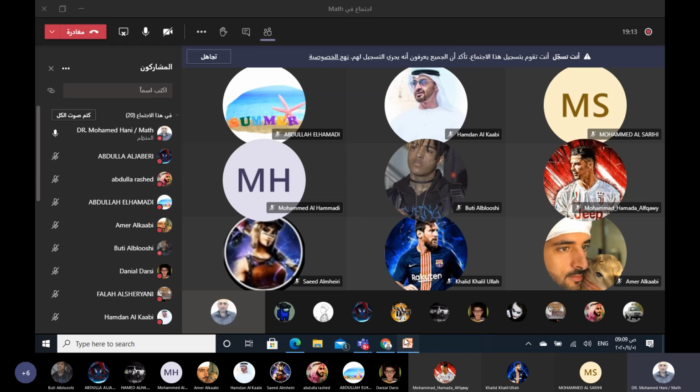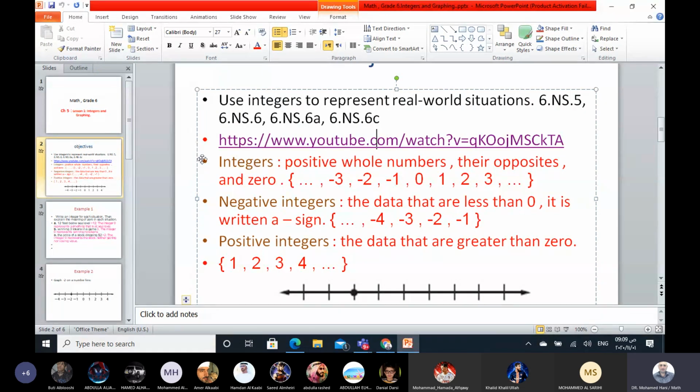Right, listen to me now. What's the meaning of integers? Integers means positive whole numbers, and their opposites, meaning negative numbers, and 0. Look at this set. In the middle here we have 0. On the right side we have 1, 2, 3, 4, etc., the positive numbers.